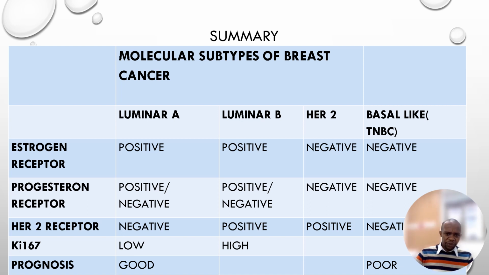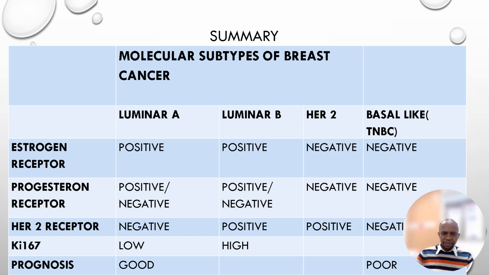In summary, this is what we have been talking about: the molecular subtypes of breast cancer, Luminal A, Luminal B, HER2, and basal-like. And we are looking at the three common types of receptors: estrogen receptors, progesterone receptors, and HER2 receptors.